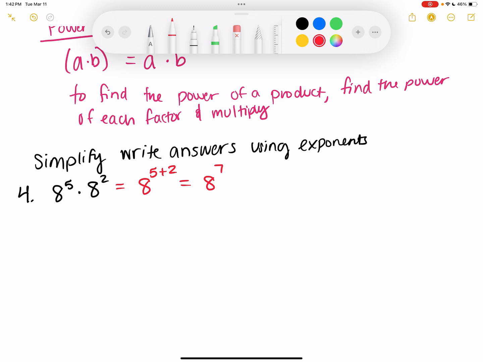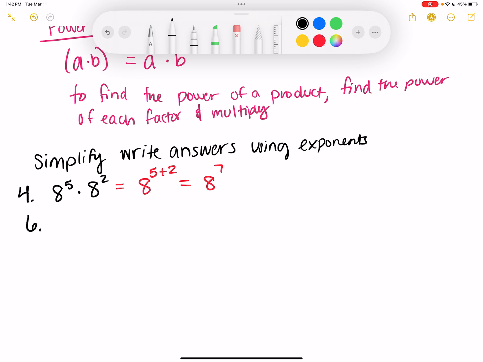Okay, and I want you writing this step out. I want to see what's happening because I want to make sure that I know that you know what you're doing, and that you're not just lucking out on the right answer. So for right now, in the homework, you need to be writing all these steps out.